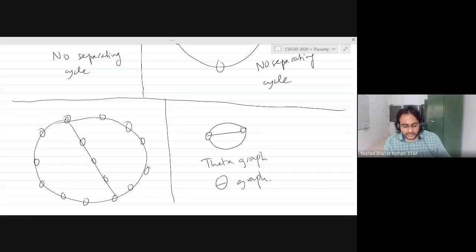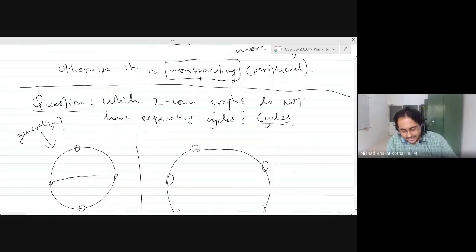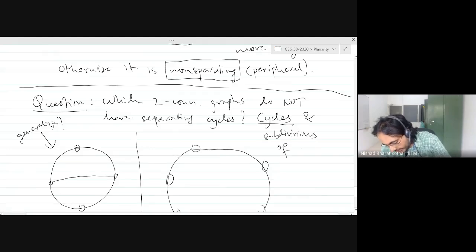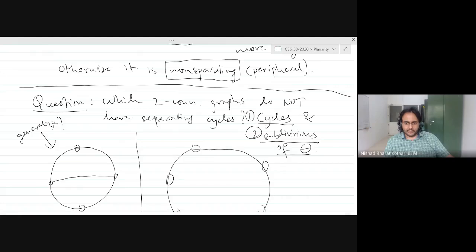So the answer to the question that we discussed is exactly cycles and subdivisions of the theta graph. You will be proving this on the assignment, question number 2, if I am not mistaken. So every 2 connected graph has a separating cycle unless the whole graph is a cycle or it is a subdivision of the theta graph.